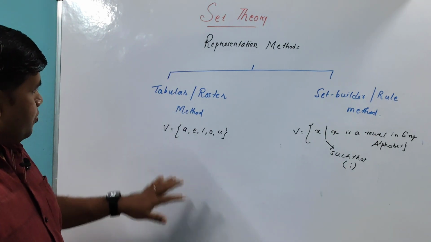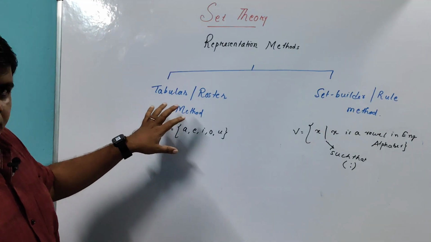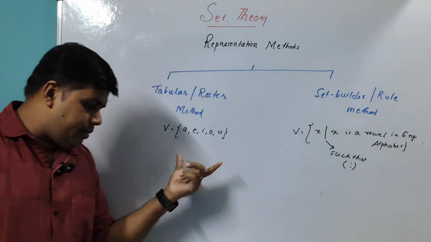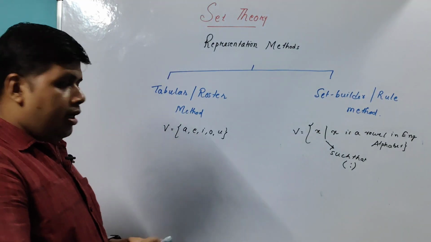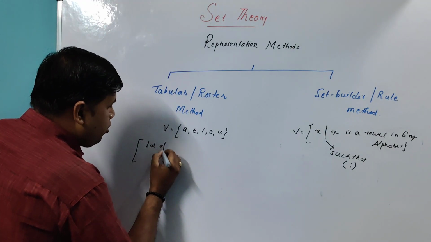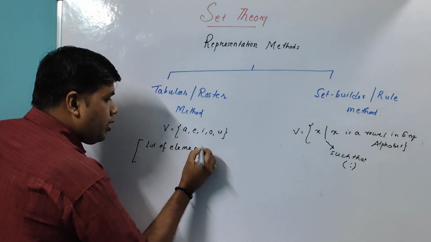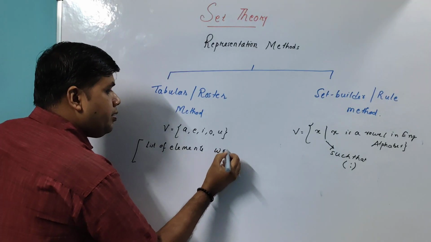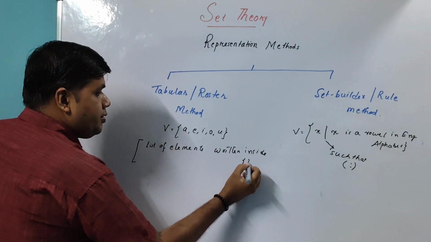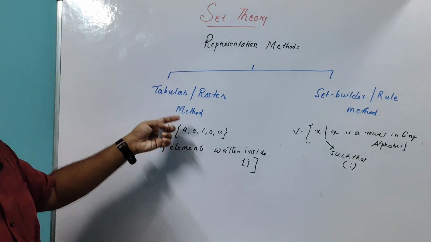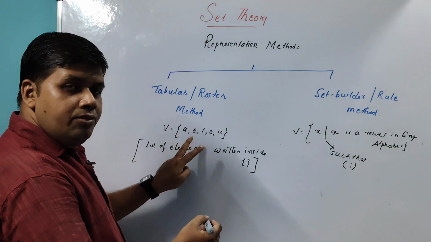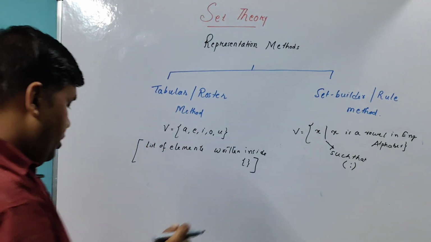By this example we have seen that the tabular method or roster method is nothing but a list of elements written within curly braces. That is the tabular or roster method. However, in the set builder method, instead of writing the elements, we put a rule.